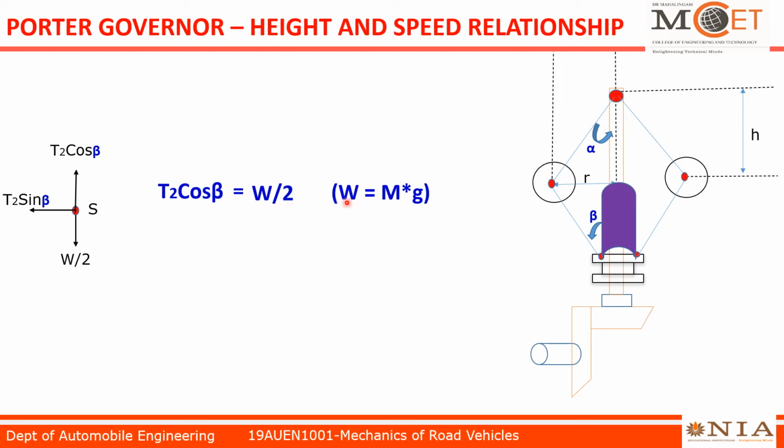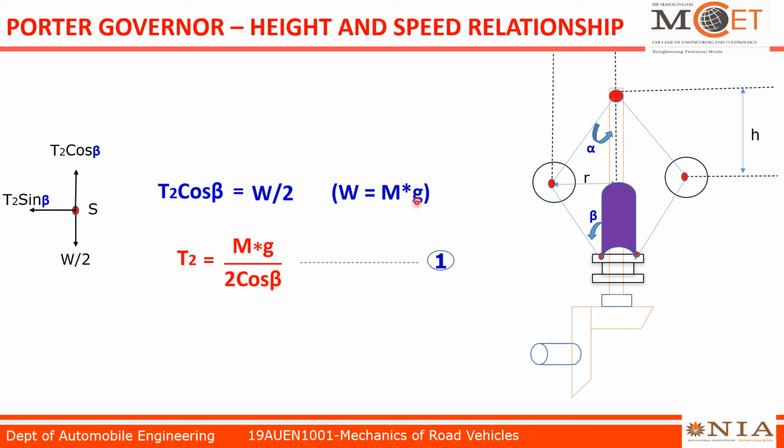We know that capital W equal to capital M into g, that is weight equal to mass into gravity. Since here we take weight as capital W, we just make the mass as capital M. Here T2 cos beta equal to capital W divided by 2, T2 equal to capital M into g divided by 2 cos beta.